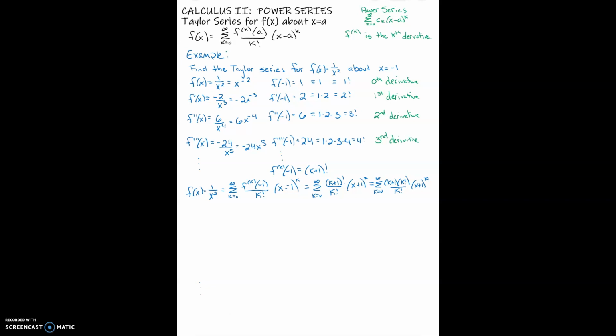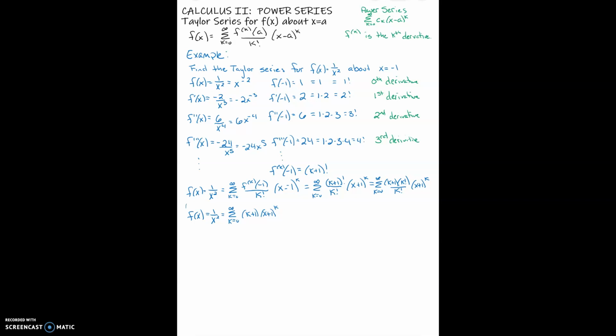That's kind of nice. So we end up with f of x, which is 1 over x squared, is equal to the sum as k goes from 0 to infinity of k plus 1 times x plus 1 raised to the k. Now, what's really nice about this, there we go, ta-da, there it is.